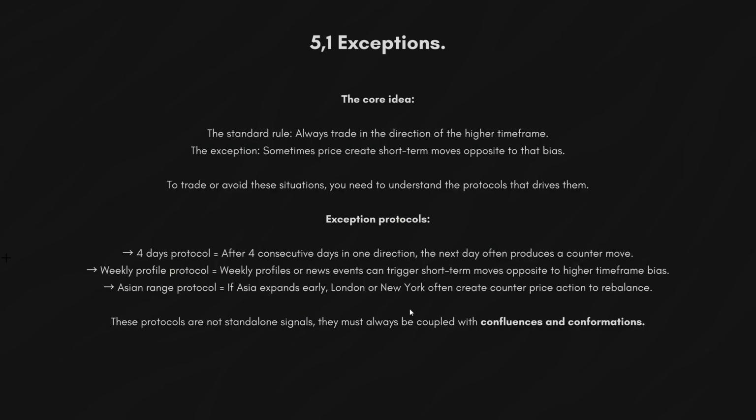Now let me break down these protocols for you. First of all, we've got the 4-day protocol, which basically says that after 4 consecutive days in one direction, the next day often produces a counter move. Let's say price has formed bullish price action for 4 consecutive days, then it's highly likely for price on the 5th day to form bearish price action in the counter direction.